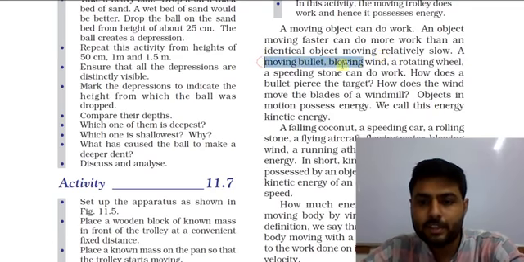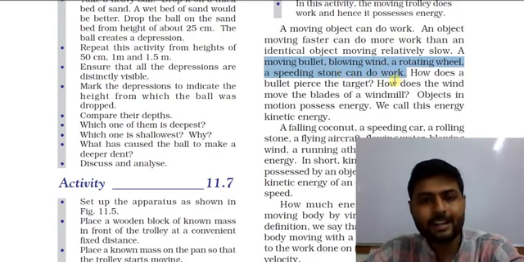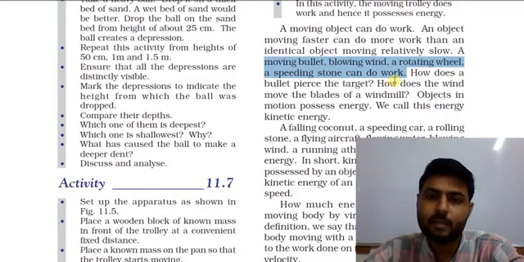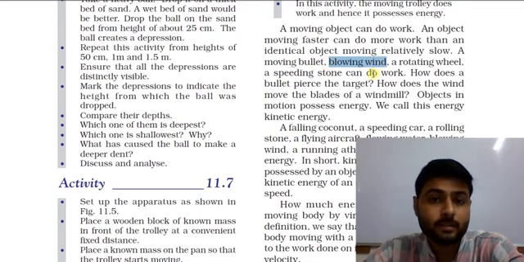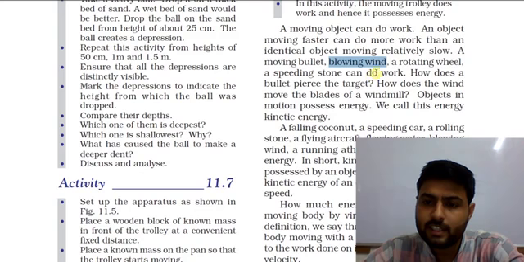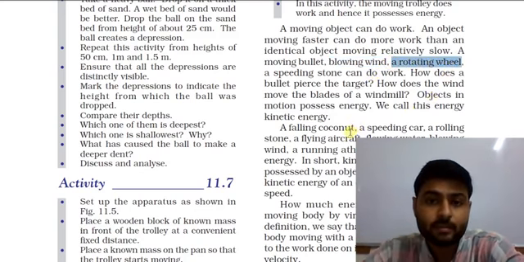A moving bullet, blowing wind, rotating wheel and a speeding stone can do work. A moving bullet can kill people. Blowing wind can damage our houses, trees, etc. A rotating wheel can do work.